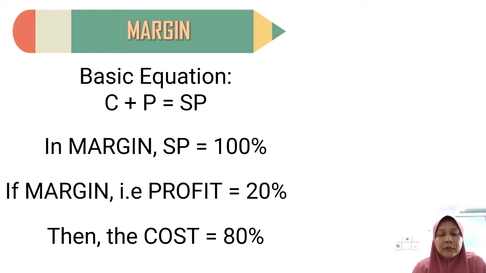In markup, the cost is 100%, but in margin, selling price is represented by 100%.